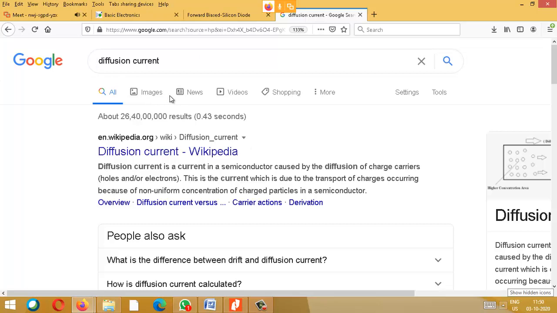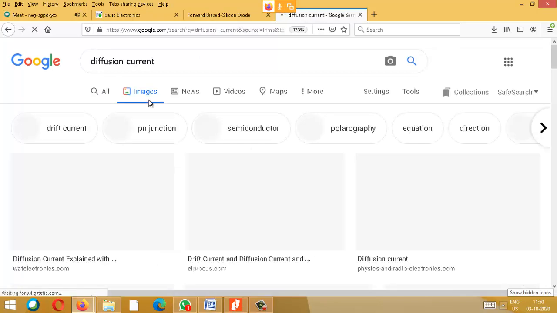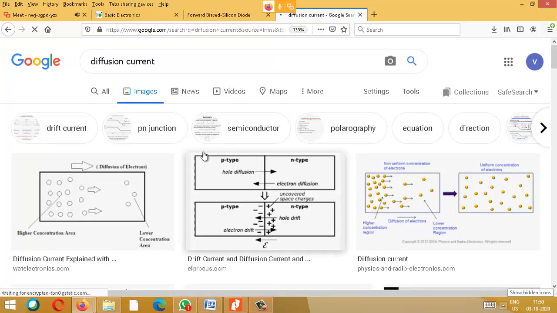So when a p-type material and n-type material are brought together, diffused together, they are separate. To manufacture a diode, we are diffusing them. Once you diffuse it, this is p-type, so the majority should be holes, but some electrons from here jump.